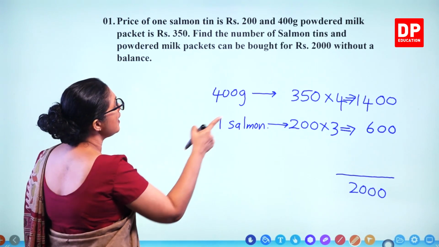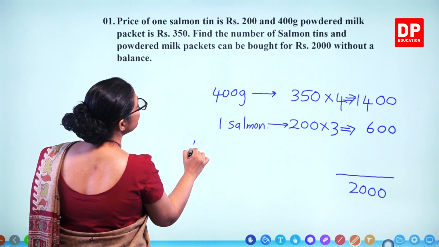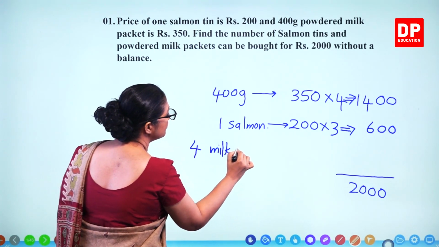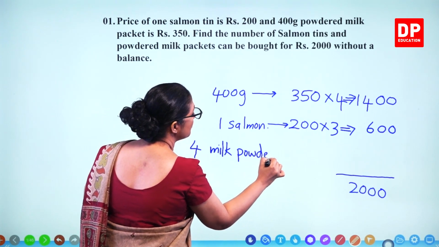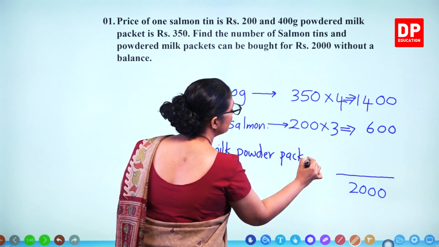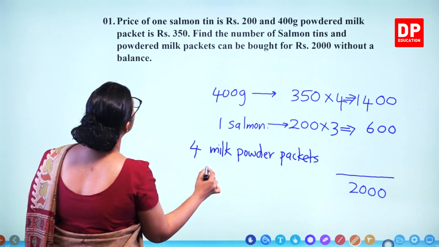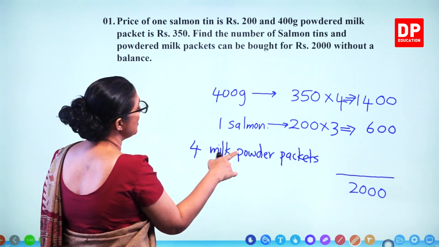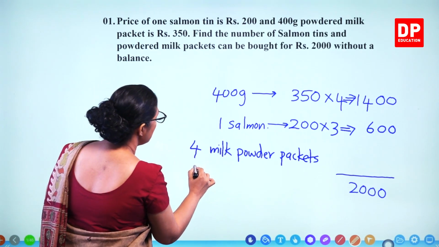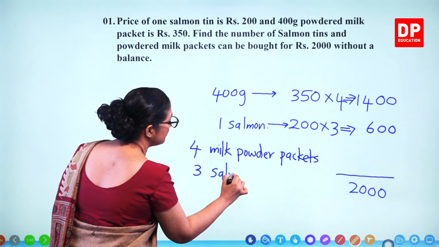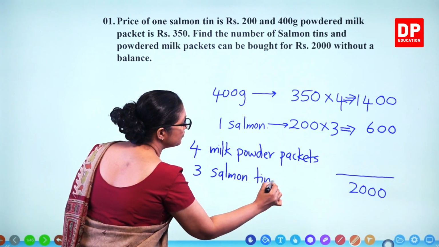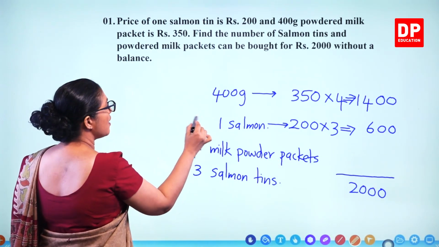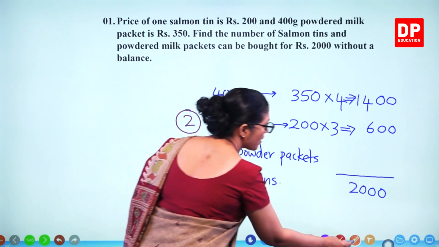So we can buy 4 milk powder packets and 3 salmon tins. So you get 2 marks for that, identifying the 2 numbers, 2 marks.